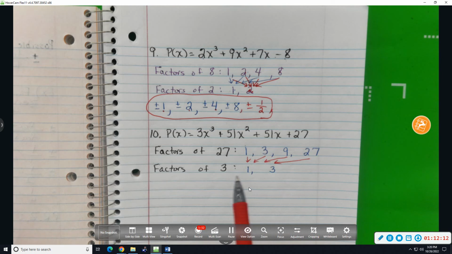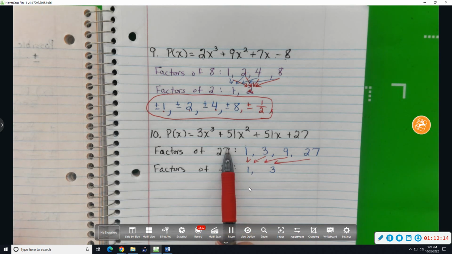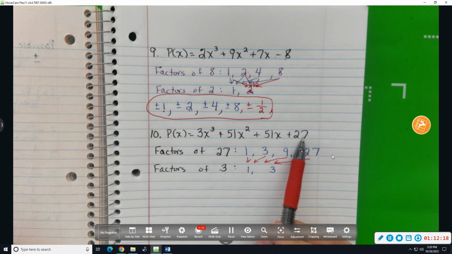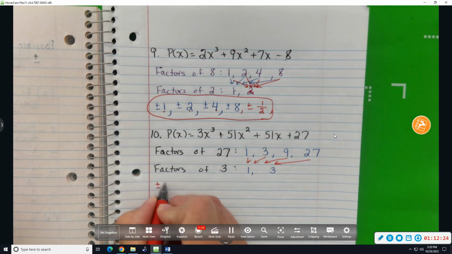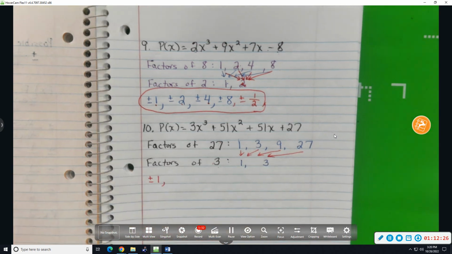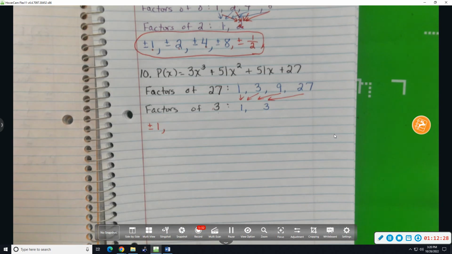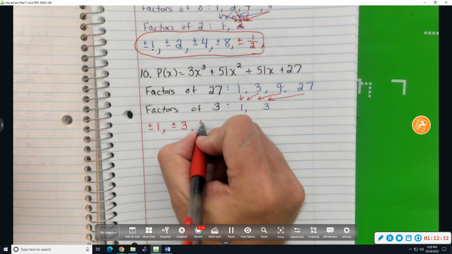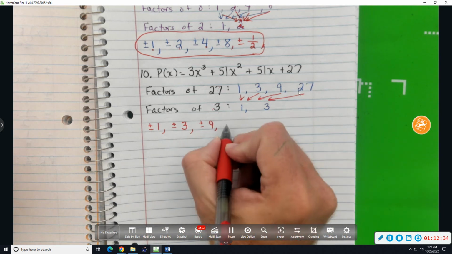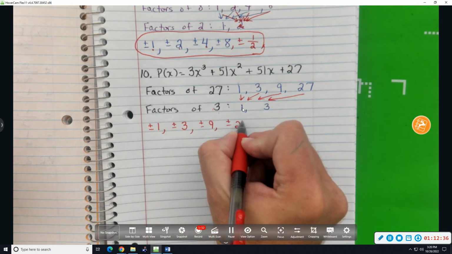By that I mean if you put the factors of 3 over the factors of 27. The reason we do the constant first is that's what goes on top. So it's going to be plus or minus 1 over 1, 3 over 1, 9 over 1, and 27 over 1.